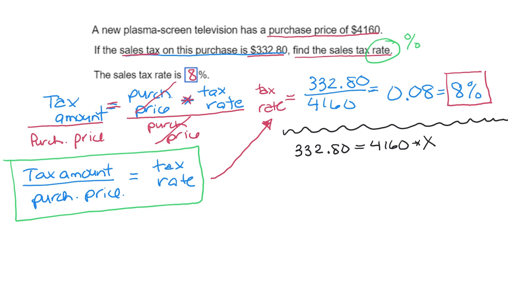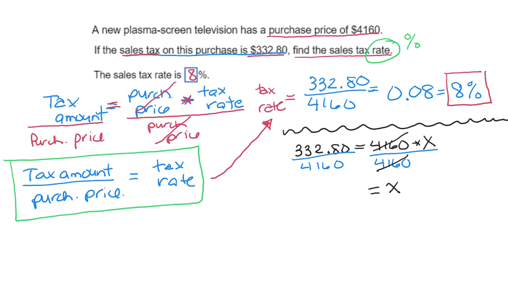And you can see what happens is to isolate and solve this equation, you would again divide both sides by 4,160, which is the purchase price. And on the right-hand side, 4,160 divided by 4,160 is the same thing as 1. That will leave x by yourself on the right-hand side.